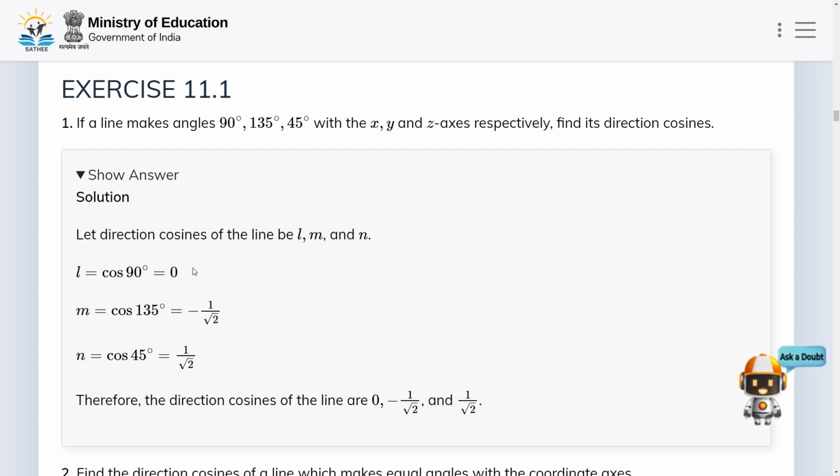You know the value for cos 45. Apply the cos A plus B formula. You will have your answer as minus 1 by root 2. And N will be cos 45, this means 1 by root 2. This means direction cosines will be 0, minus 1 by root 2 and 1 by root 2. Okay. I hope it is clear.